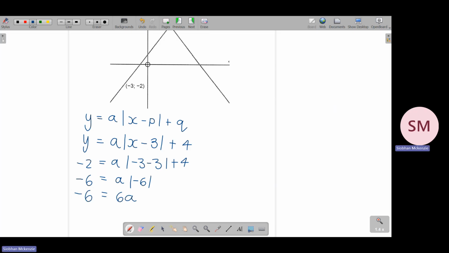So 6A. Divide both sides by 6, so what is A? -1. So do you agree now we have everything we need to write our equation out in full? So y is equal to negative, you don't have to put the 1, because it's like an invisible coefficient, right? With algebra, we don't put our 1 coefficients. So y equals negative absolute value of x minus 3, plus 4. Does it make sense that we would have a negative? Yes, because we have got a mountain shape, right?